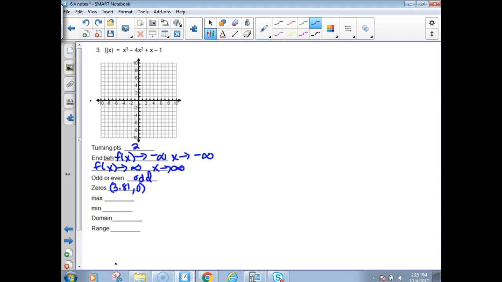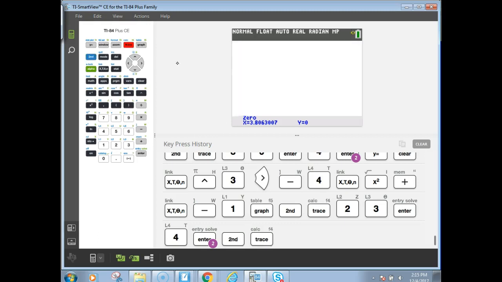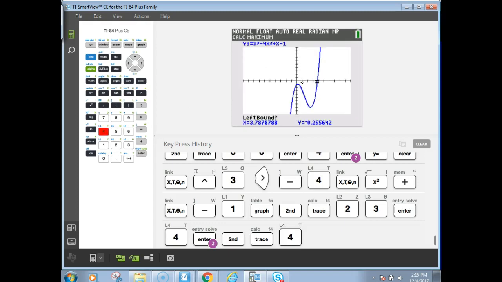And let's go find the max and mins. The maximum point looks like it's the y-intercept, or close at least. Second trace, maximum is choice 4. And that's between negative 1 and 1.